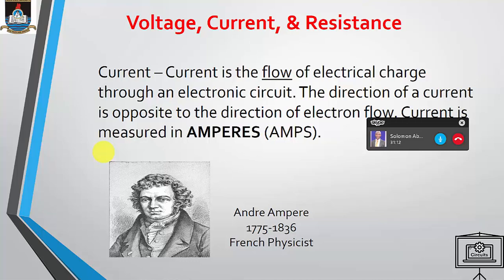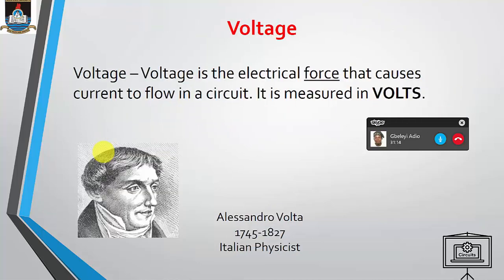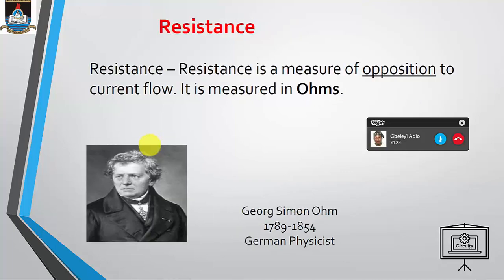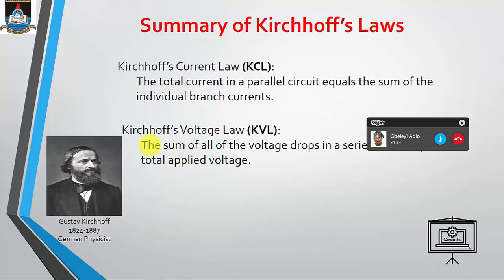So my next slide also, you'll see George Simon Ohm and the year he invented this idea. Then to summarize the laws that have to do with Kirchhoff's laws: the total current in parallel, and that of the sum of all voltage drops. Now to the main job of the day, the recent developments.